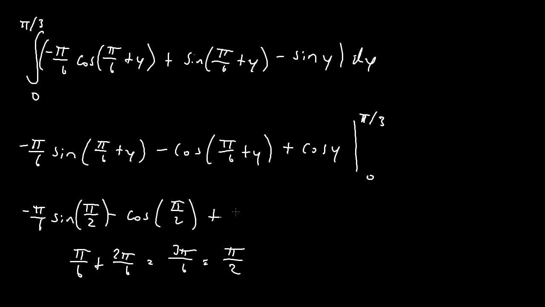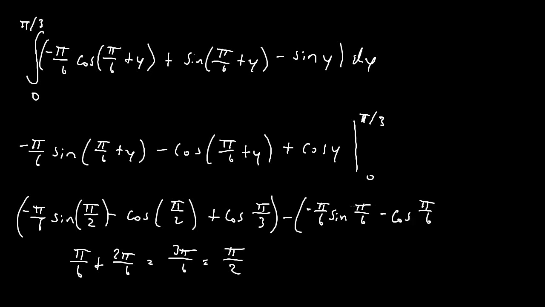And then we have plus cosine of pi over 3. Now minus, when I plug in 0 for y, then we'll get negative pi over 6 cosine of pi over 6 plus 0, just pi over 6, minus cosine of pi over 6 plus 0, just pi over 6. And then we have plus cosine of 0, which is 1.